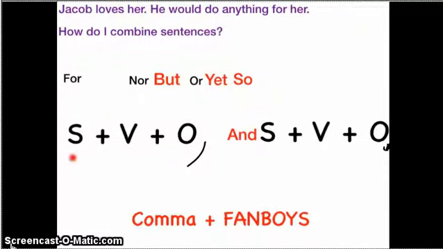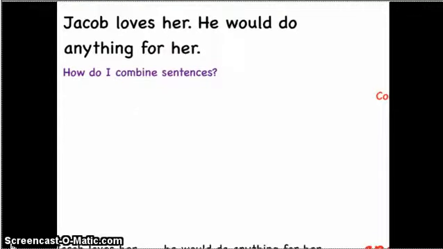What do we have? We have a simple sentence plus another simple sentence to give us a compound sentence, a combined 2 sentences using this pattern, comma plus Fanboys. For all that is good and holy in the world, you should now be able to answer this question, how do I combine sentences? So we've come to the end of our lesson.